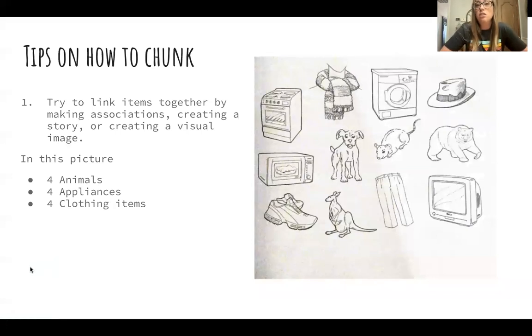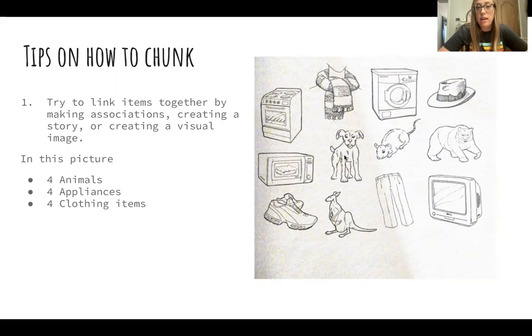A tip on how to chunk is trying to link items together by making associations or creating a story or a visual image. So in this example, there are 12 items here, and they look really random, but if you make associations, there are 4 appliances: a washer machine or dryer, one of the two, an oven, a microwave, and a TV.